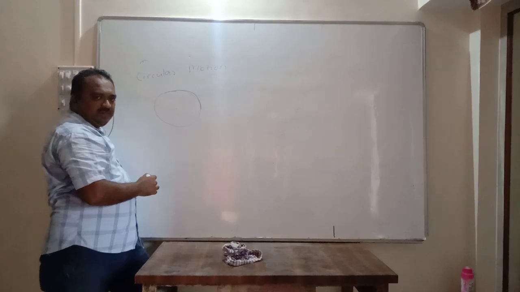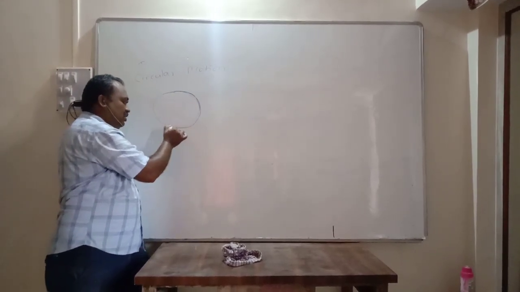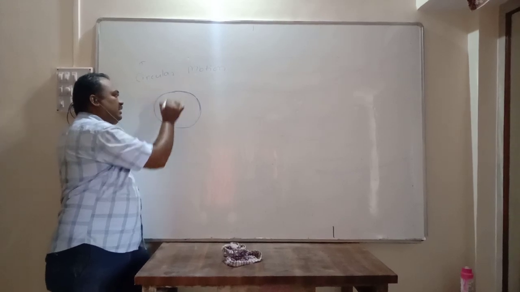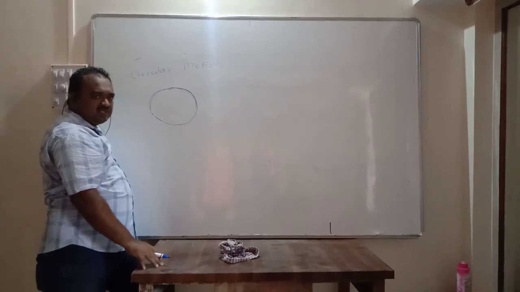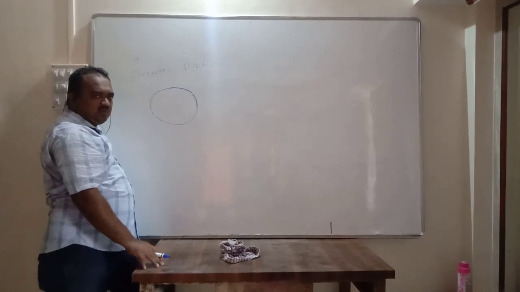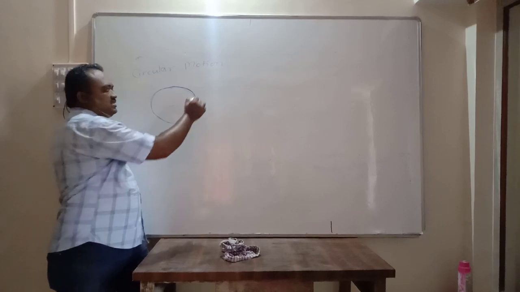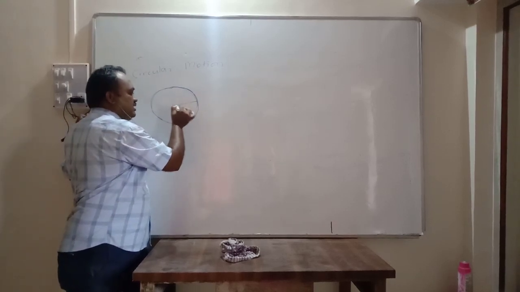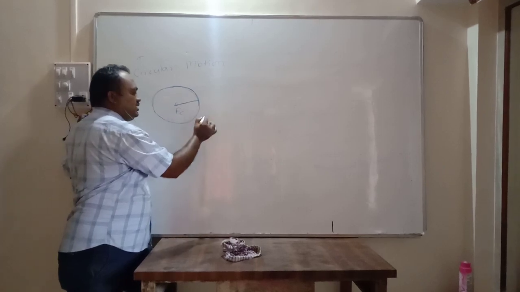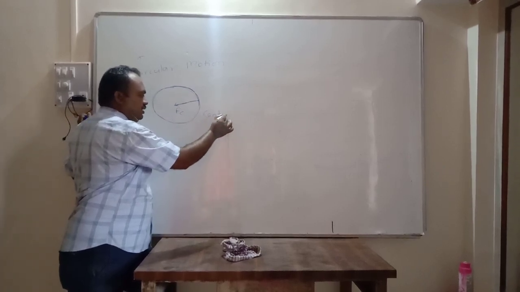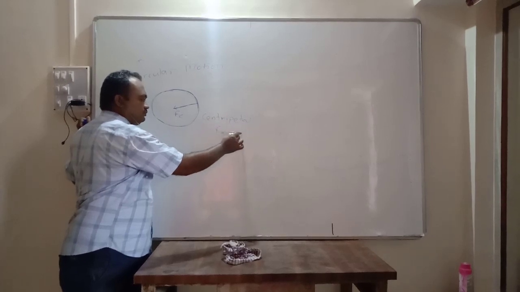So the motion of the particle along circumference of circle is called as the circular motion, and this motion, it is produced due to one force. That force is called as the force which is acting along the radius towards center. That force is called as the centripetal force.